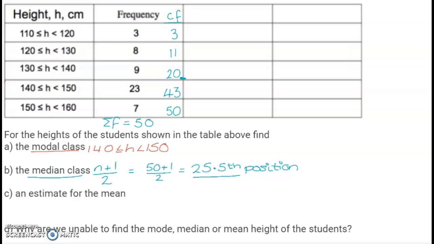So student 21 all the way up to student 43 is somewhere in the 140 to 150 category. And therefore the 25.5th position is somewhere in the 140 to 150 category. So my median class is 140 to 150.